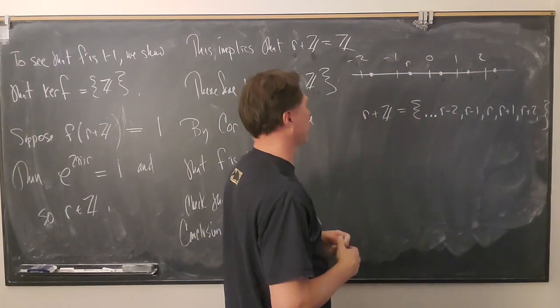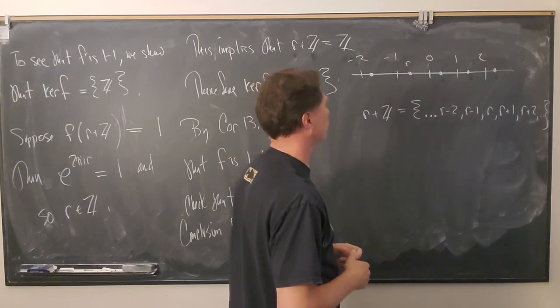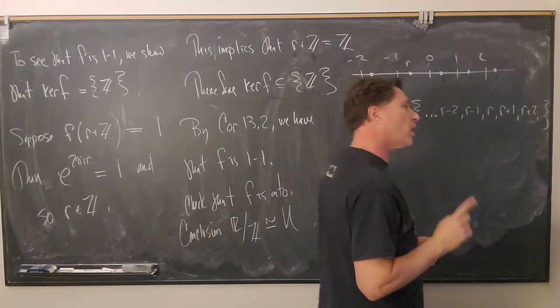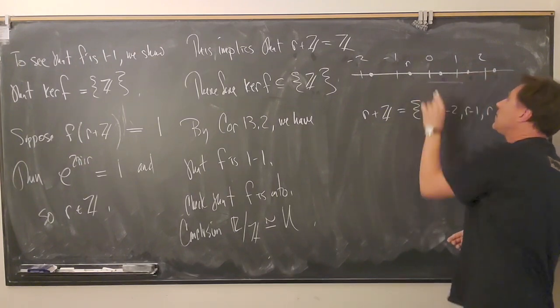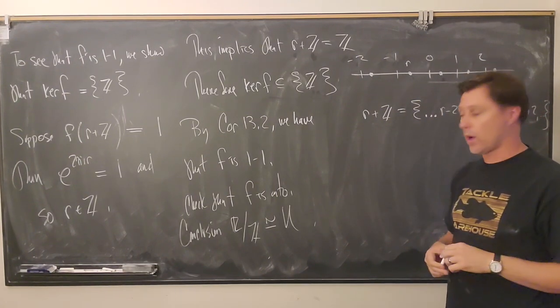So, here's the thing to notice. Every coset has a representative that lives inside the interval from 0 to 1.